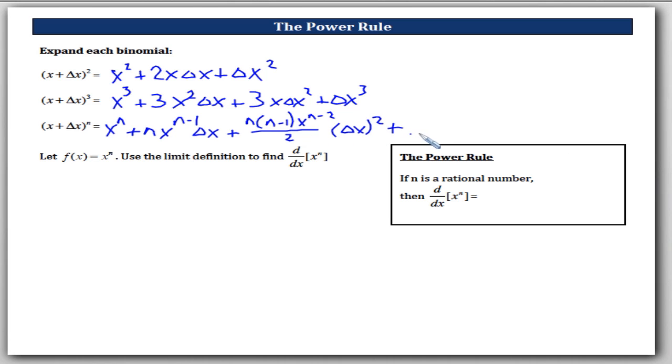And we're going to keep continuing in this pattern, so dot, dot, dot. And finally, at the end, we're going to have delta x to the nth power. Okay? So don't worry too much about how we came up with this, but we are going to use it now to find the derivative of x to the nth power using the limit definition. So let's go ahead and write out the limit definition here.